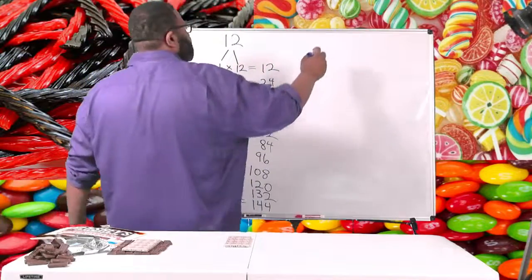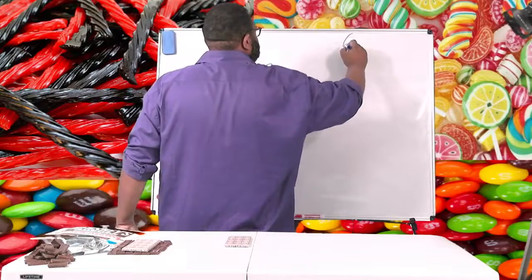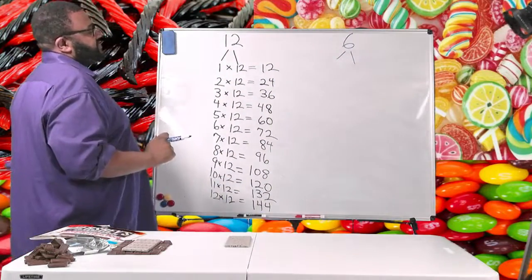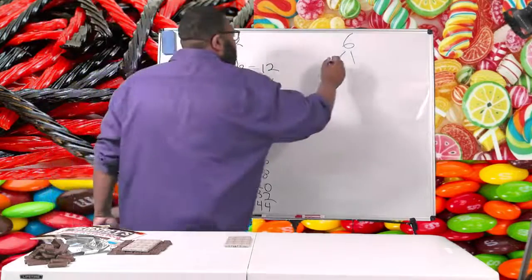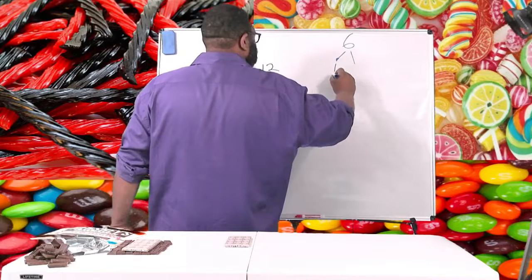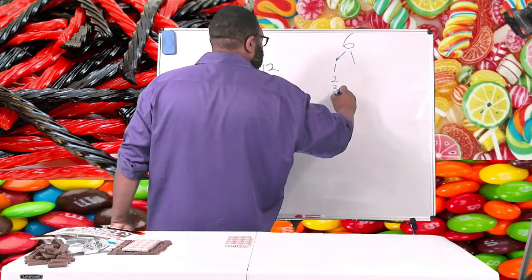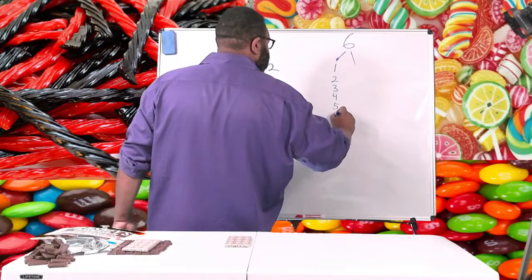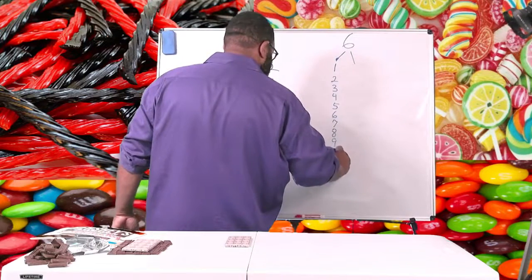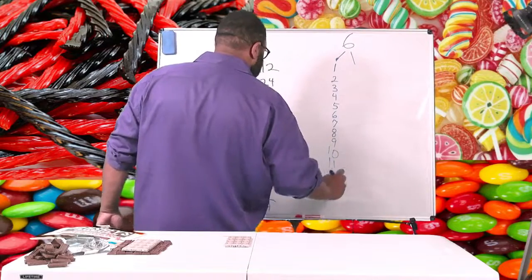I'm going to now do my sixes, because half of 12 is 6. So let's do our 6 facts. We'll do this again. 1, make a pick and choose. 2, 3, 4, 5, 6, 7, 8, 9, 10, 11, 12.